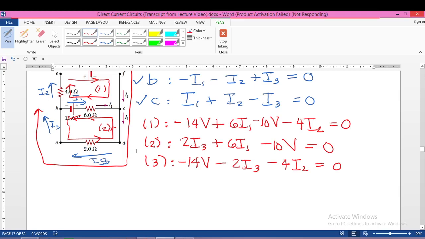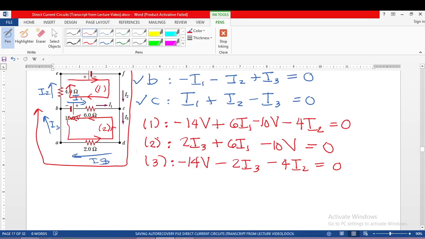Okay, let's do this. Here we can use either elimination or substitution, as in our systems of linear equations. There are many ways to kill a chicken, but for me, I will just use elimination for equations 2 and 3.